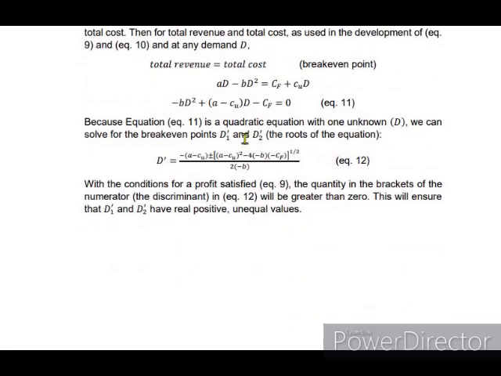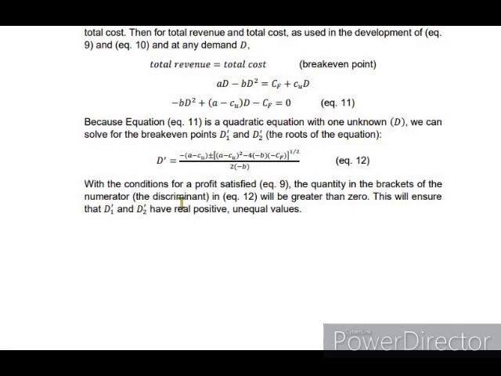So based on this equation 11, because this equation 11 is a quadratic equation, because of the D squared, with one unknown, we can solve for the break-even points D sub 1 and D sub 2, the roots of the equation, using this formula.